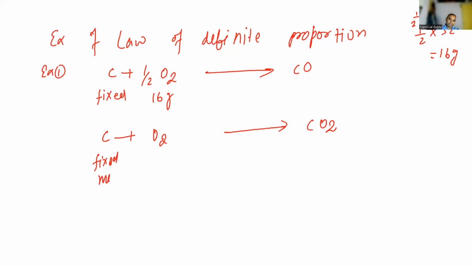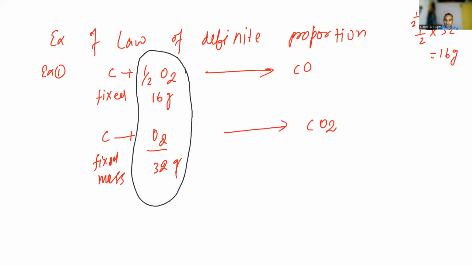And what is the O2 if you see, that is 32 gram. So they are saying when one element combines with a fixed mass of another element, these two are the fixed mass, and the oxygen combining is 16 gram and 32 gram. So they are combining to form two different compounds, right?